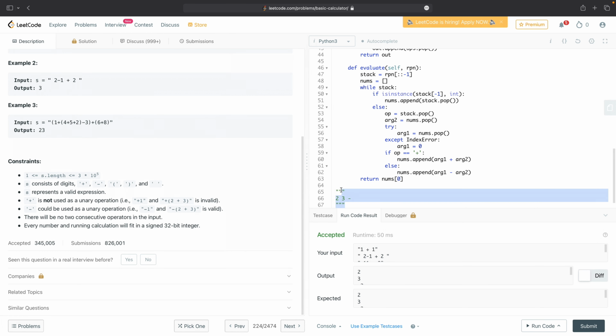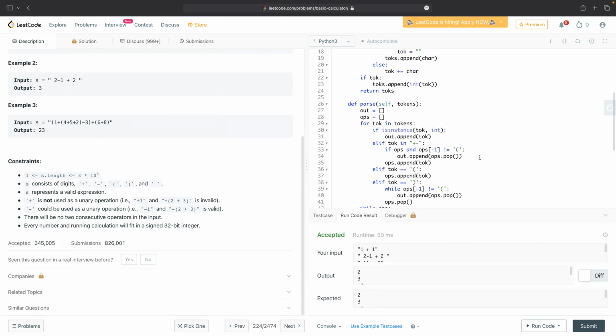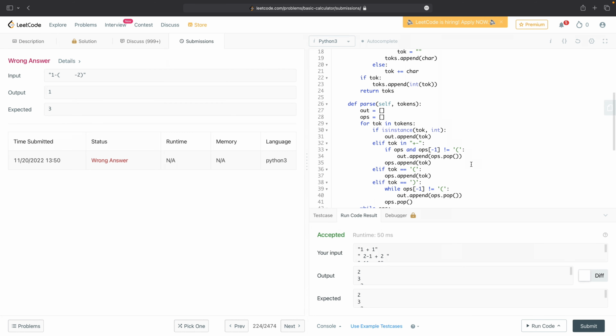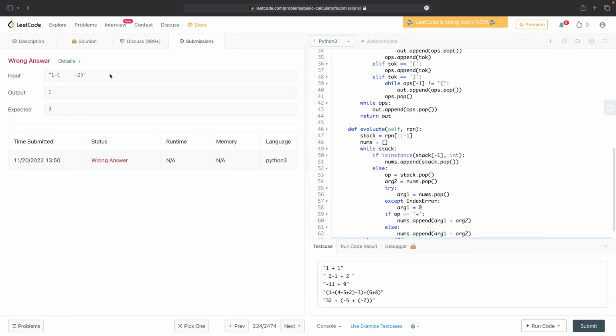Maybe this doesn't need special handling. I can't actually think of how to even craft a case where this wouldn't work, which is good. It seems promising. Let's submit and see what happens. Wrong answer. That's the case I hadn't worked out.